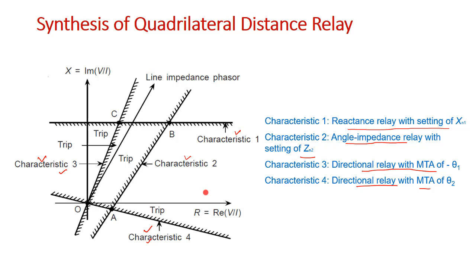That means in the case of characteristic 3 your voltage is leading the maximum torque position, and in characteristic 4 your voltage is lagging if we compare with the maximum torque position, right. Okay. So these are the characteristics. As I explained previously, it is the Moore relay, but it is in fact not the Moore relay, it is the directional relay characteristic. Okay. So, just rectify it. Characteristics 3 and 4 are the directional relay, not the Moore relay. Okay.